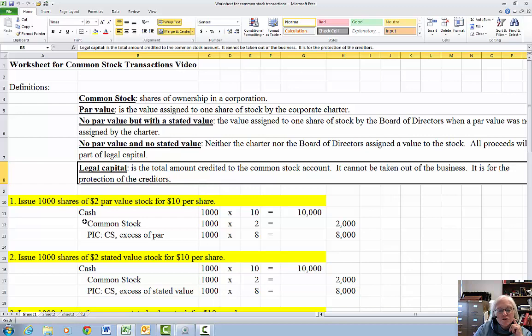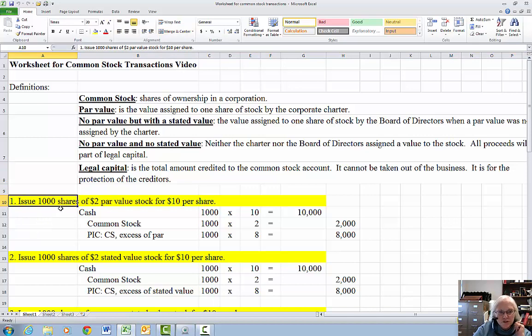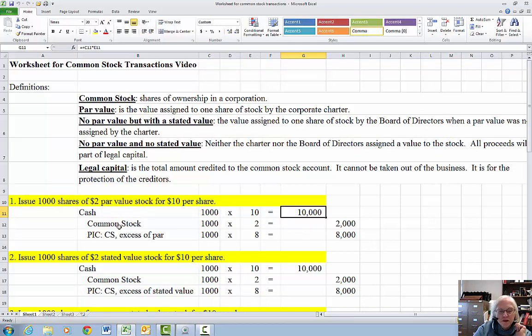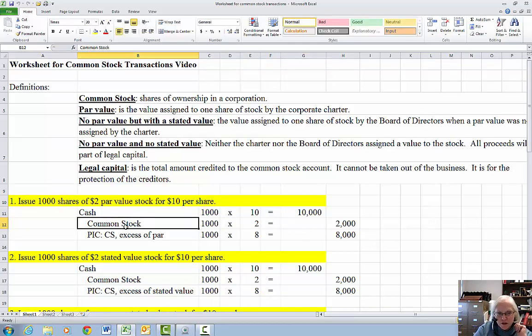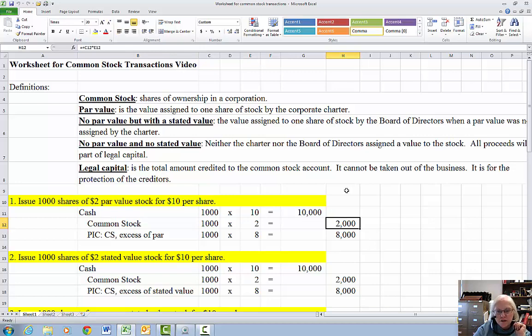Okay, we're going to do 5 different examples of issuing common stock. In the first example, we're going to issue 1,000 shares of $2 par value common stock for $10 per share. We're going to get cash, $10 times 1,000 shares, $10,000. We're going to put into the common stock account only the par value of $2 per share, which will be $2,000.